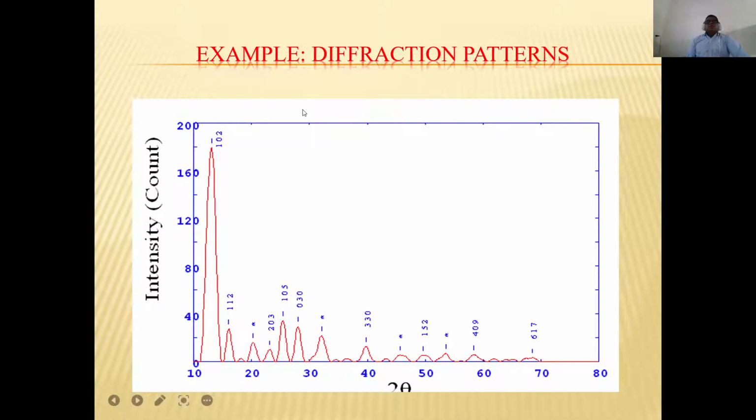Now it is an example of a diffraction pattern. The horizontal axis shows the values of 2 theta, and the y-axis is the intensity count. Now these are the XRD peaks, observed using the PowderX software.